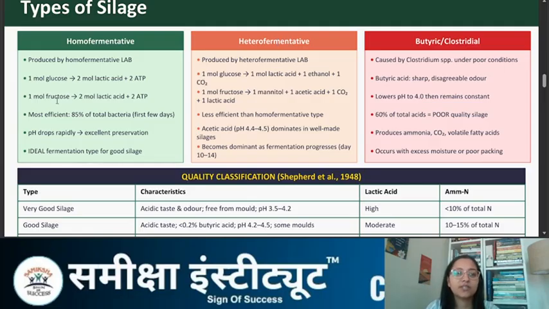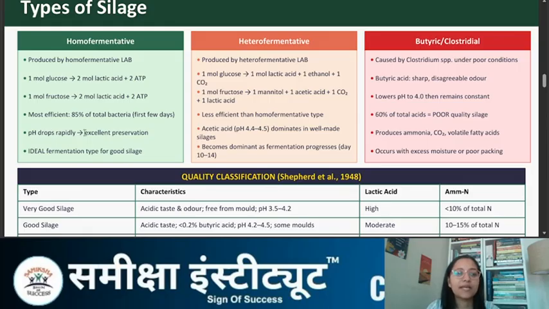Then in the case of fructose as well, 2 molecules of lactic acid. But in the case of fructose in the heterofermentative process, mannitol, acetic acid, carbon dioxide and lactic acid are also formed alongside. So that is why the homofermentative is most efficient. 85% of the total bacteria should be in the homofermentative phase, and hetero one is the lesser efficient.